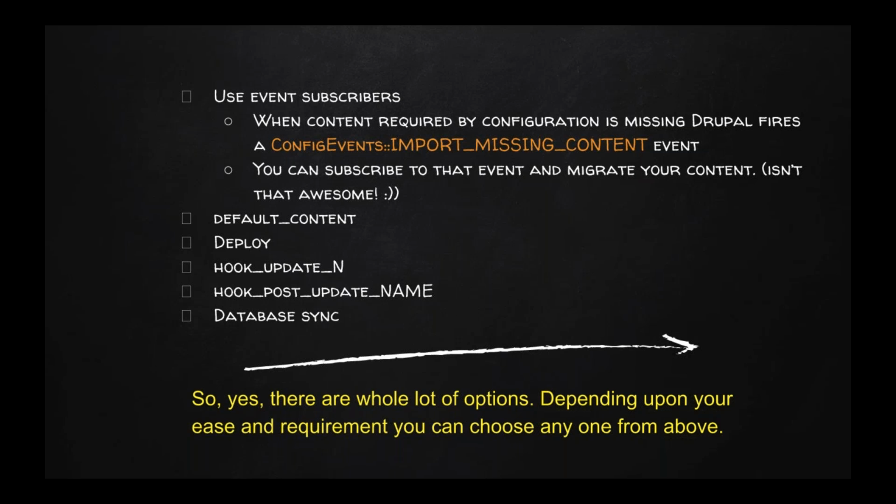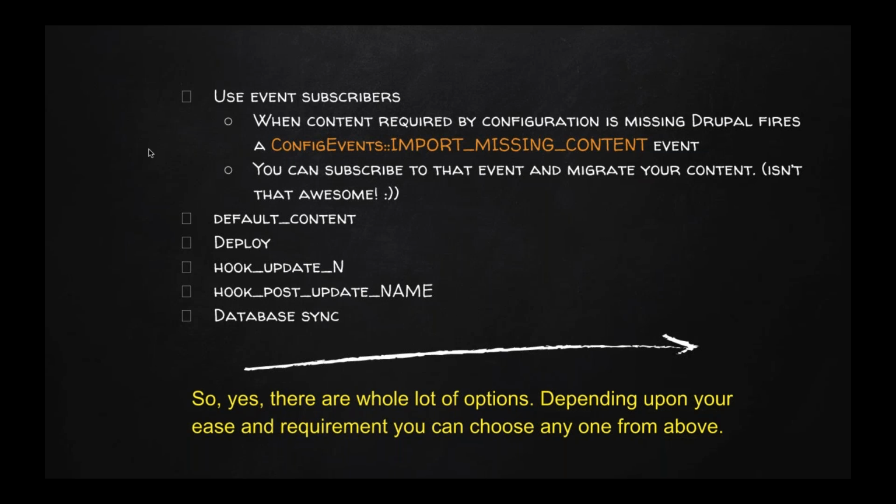How can we now make sure that our block is successfully there? There are different ways to do that. The main thing we need to do is create our block initially. The block should exist, and then we should apply our configuration changes to that block. One method is an event subscriber. Whenever your content is missing, CMI fires an event called import missing content.